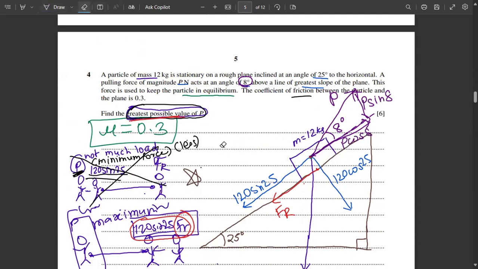So let me redraw the diagram. P cos 8 is moving to the right. Similarly, P sine 8 is moving upwards.